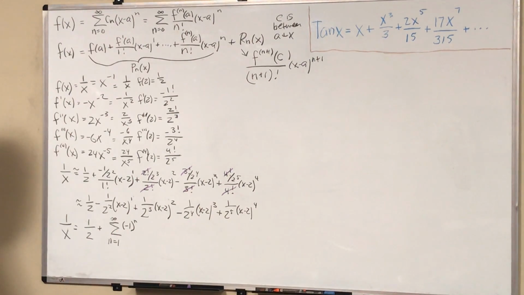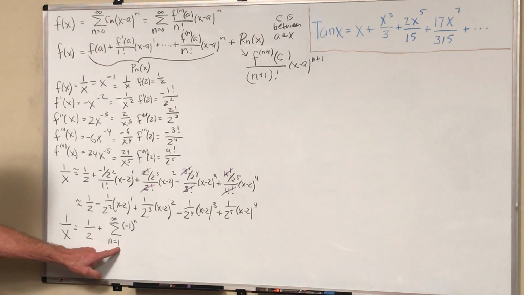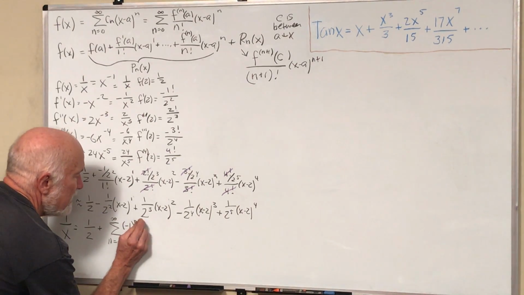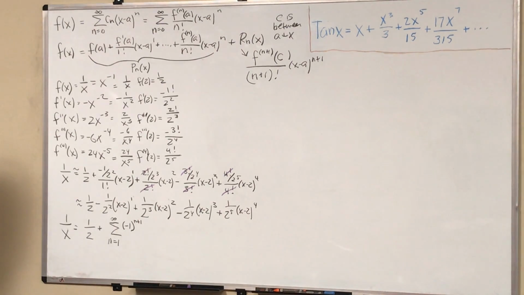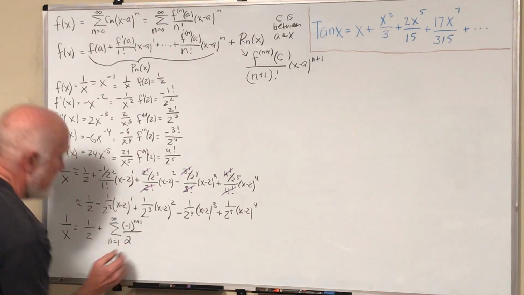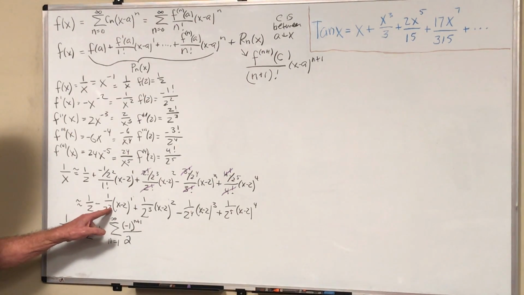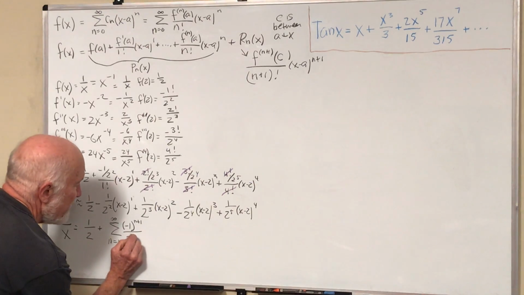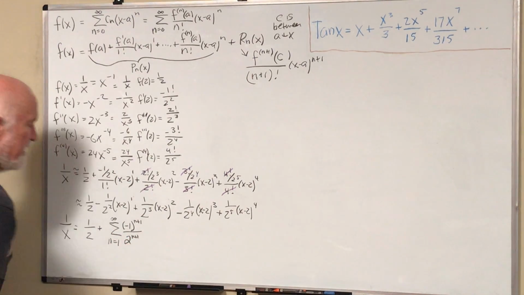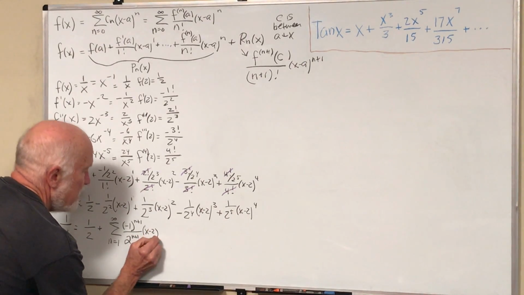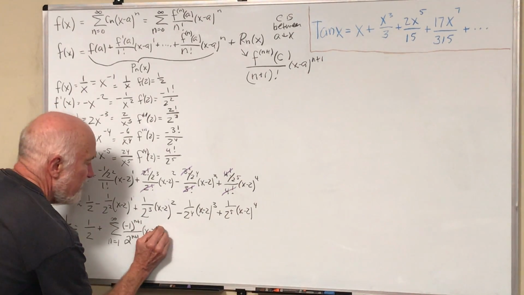So I go negative 1 to the n, but when n is 1, I want it to be negative, so I put the n plus 1 power. And then I'm dividing by 2 to a power that's always 1 bigger than the term, so this has got to be to the n plus 1. And then you're multiplying by x minus 2 to just the n.